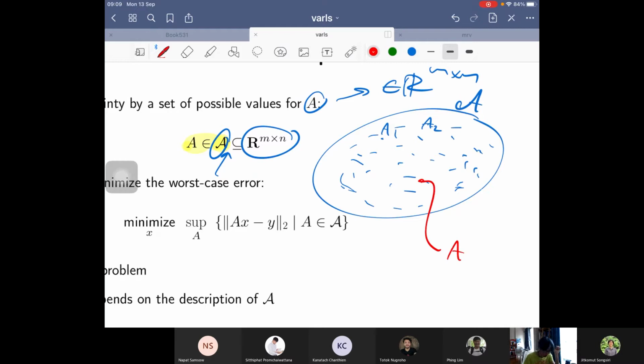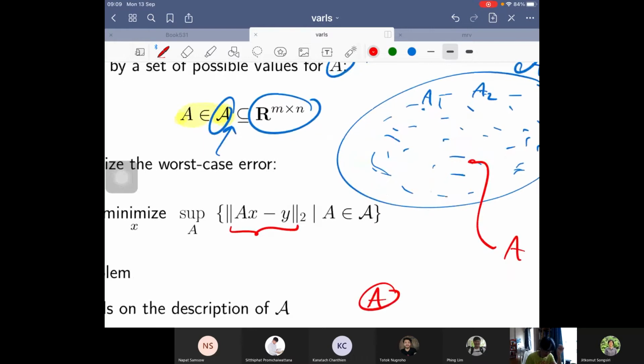In practice you don't know exactly what the values of A are. What we do is we measure the two norm of the residual. But because A is uncertain, we take the supremum of the two norm of the residual over A. Why do we take the supremum?